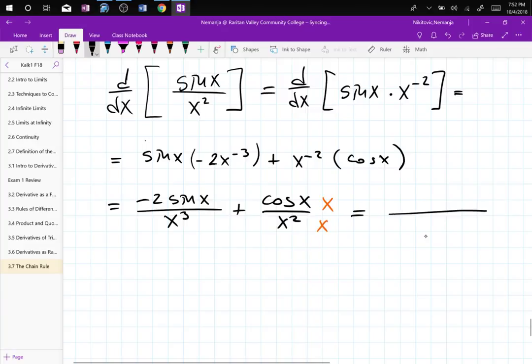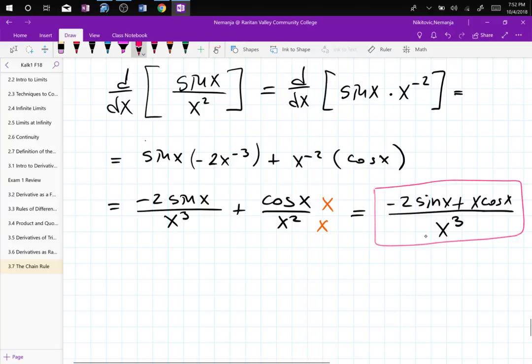So I have negative 2 sine x plus x cosine x divided by just x cubed, because now it's a common denominator. Ta-da! Can you imagine? That's it.